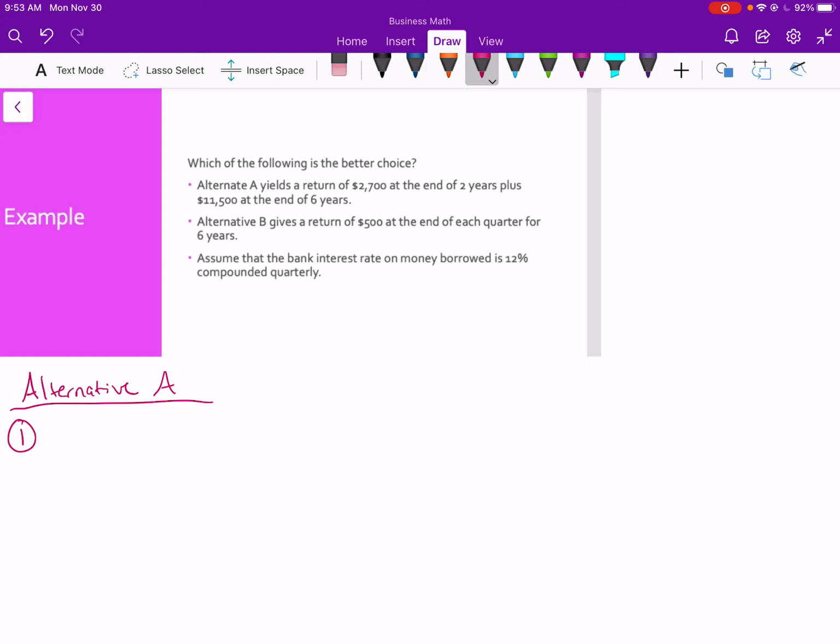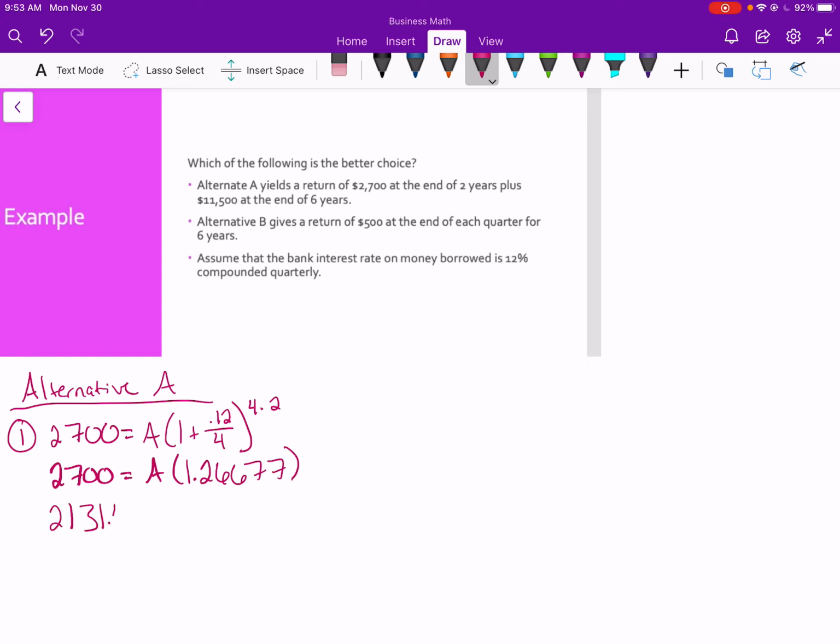So our final value is $2,700. We don't know our A value. 1 plus our interest rate over the number of times compounded per year. Since that's 2 years, we multiply 4 by 2. So 2,700 is equal to A times 1.26677. So we get $2,131.41 for A.